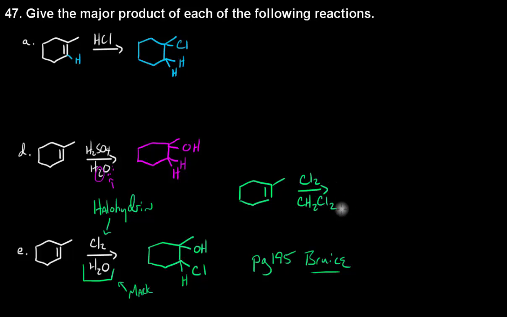Instead of getting this hydrated product or this halohydrin, what we'll end up getting is this dichlorinated product. So chlorine here, and obviously we'll have a hydrogen here. We don't have to draw this one out, but again, it's implicit. If you want to draw it out just for completeness, that's totally your call. Okay, but again, huge difference between this guy and this guy.